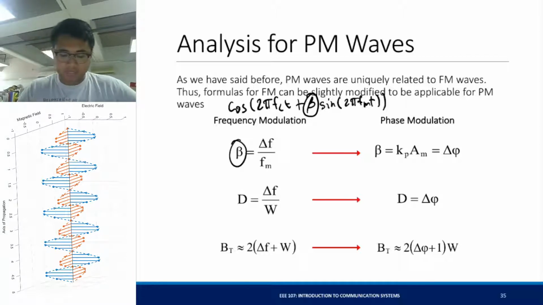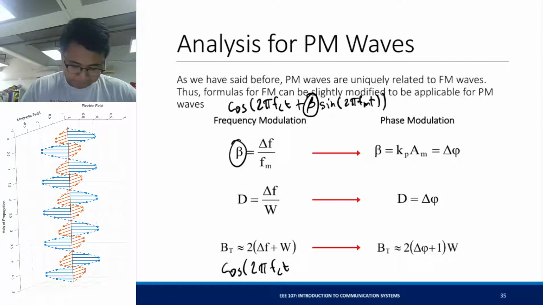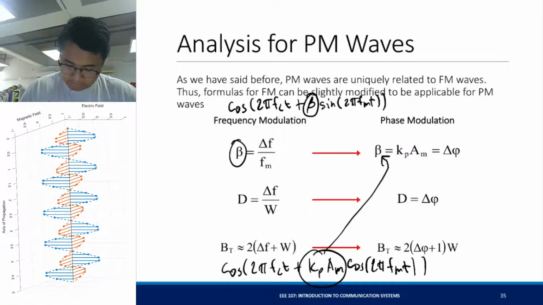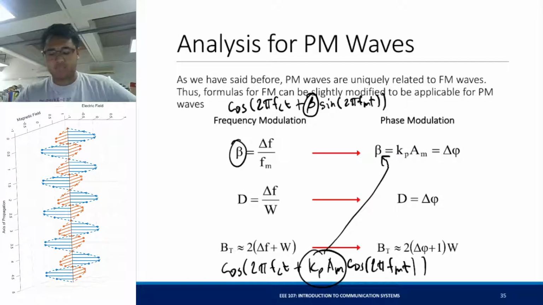Now, if we use the cosine 2 pi f_m t as the message signal for a phase modulated wave, then it's equal to cosine 2 pi f_c t plus k_p A_m cosine 2 pi f_m t. And the amplitude here would now correspond to the beta of your phase modulation.